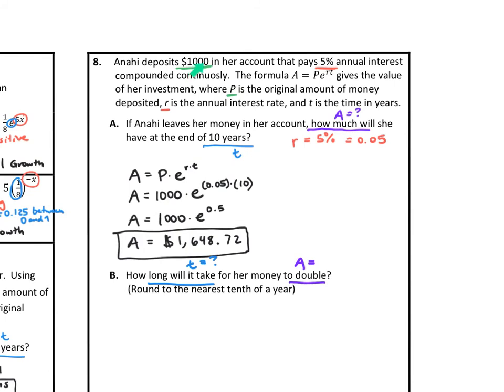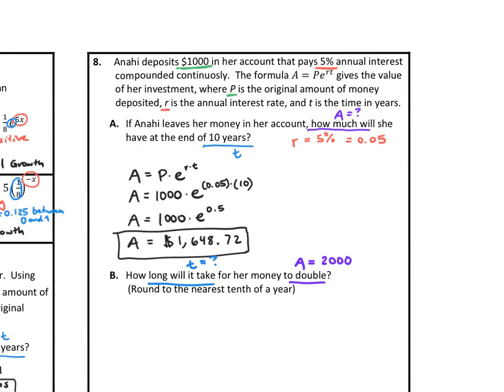So if we're expecting that amount to double, what's $1,000 doubled? $2,000, right? $1,000 times 2 is $2,000. And we want to know how long that will take.